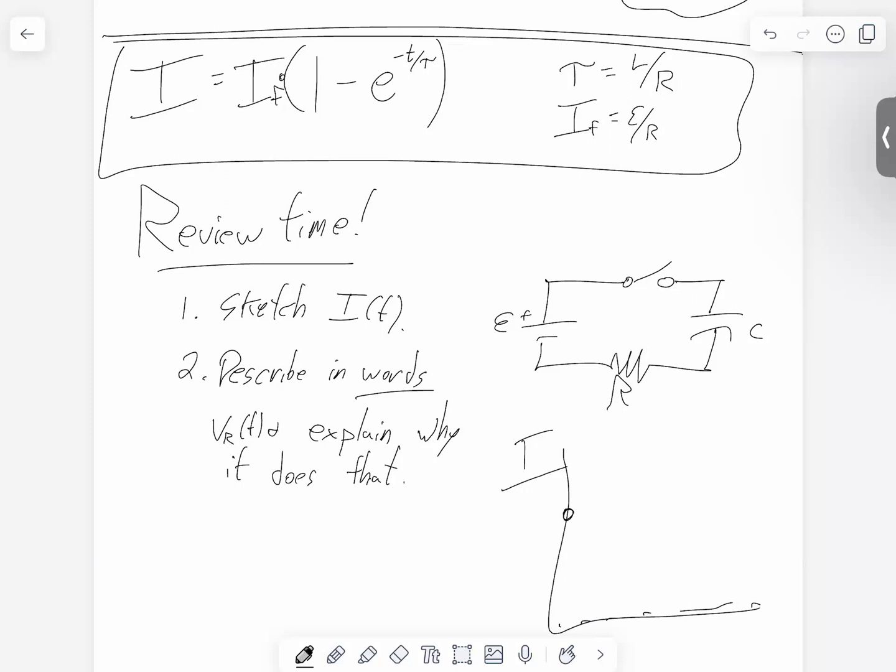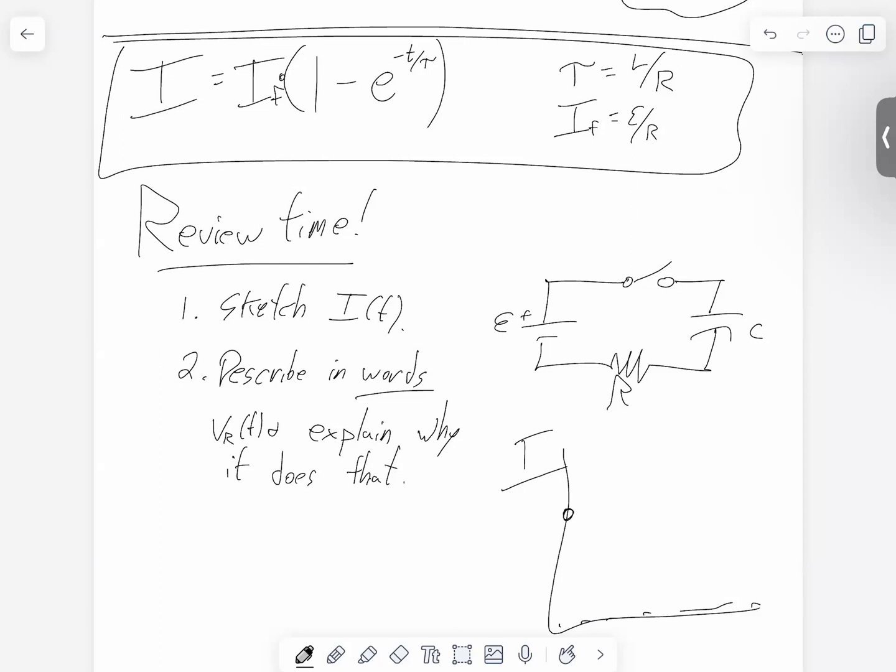Asymptotically, if we reach a steady state, then there can be no further change in charge. If we were changing charge, we'd not be in an asymptotic state. So if charge reaches a constant, then the derivative of charge, the current, is the derivative of a constant, which is 0.